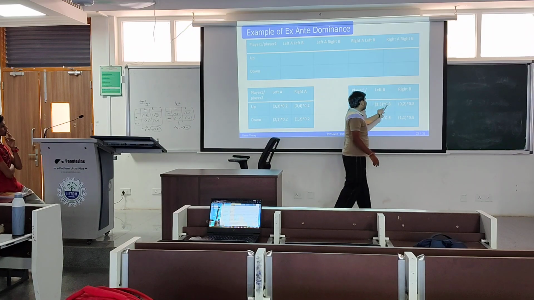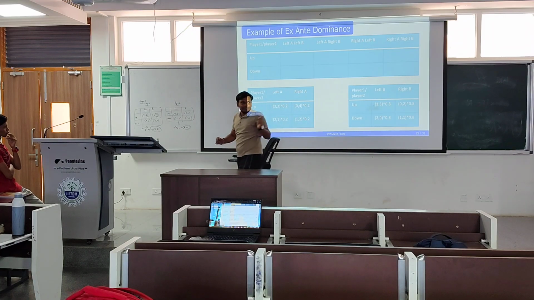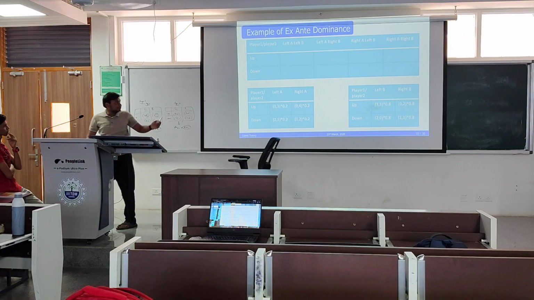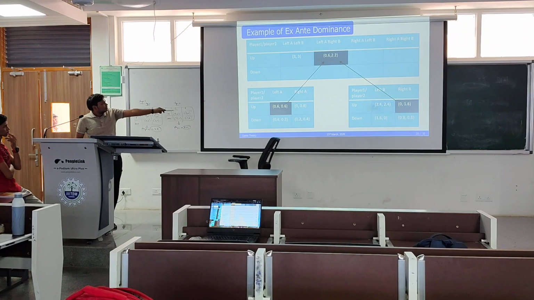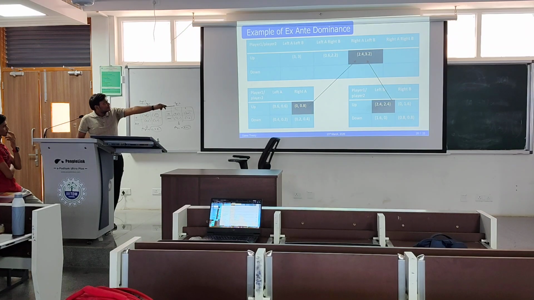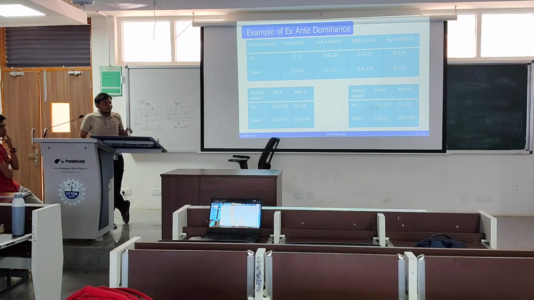Here we multiplied with 0.8 because the probability was given as 0.8 for this problem, and there it was given as 0.2. We multiplied, and then we add them and write here. This is how we complete this bigger matrix.